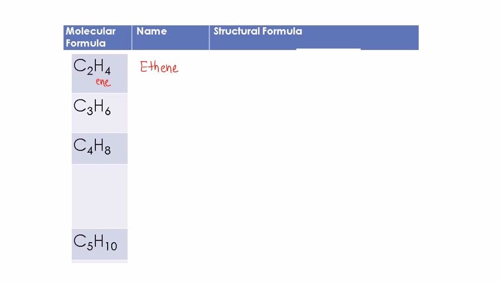So how can I draw this Lewis dot? It is a carbon to carbon double bond and satisfy the other bonds by hydrogen. So you can see that C2H4, right? So that means CH2, CH2, all right? And C3H6, 3 times 2 is 6. So that again has the ene ending because that's an alkene.